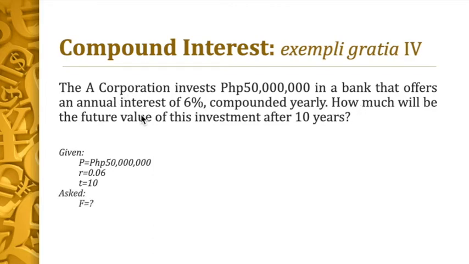There's no I here. So for the solution, let's use again the formula here, and then let's substitute, we're going to take the values from the given, 50 million, 0.06, 10, using our calculators, 50 million. Kindly watch out for the number of zeros you put in your calculators. It will really dramatically change the answer if you lack zeros.